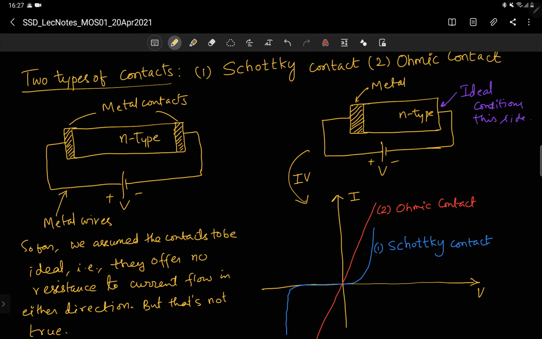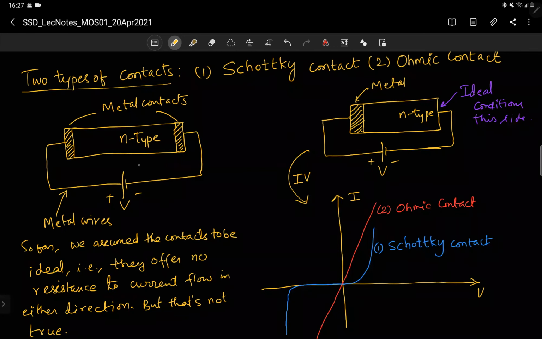Earlier we have seen that this applied-battery N-type semiconductor simply acts like a resistor, because the applied battery causes a field in the N-type semiconductor, and carrier transport is due to drift.